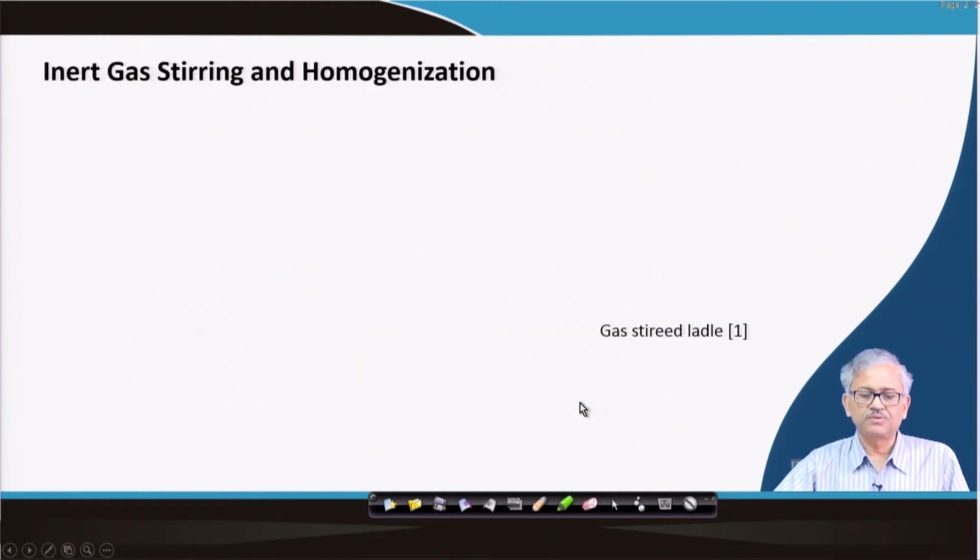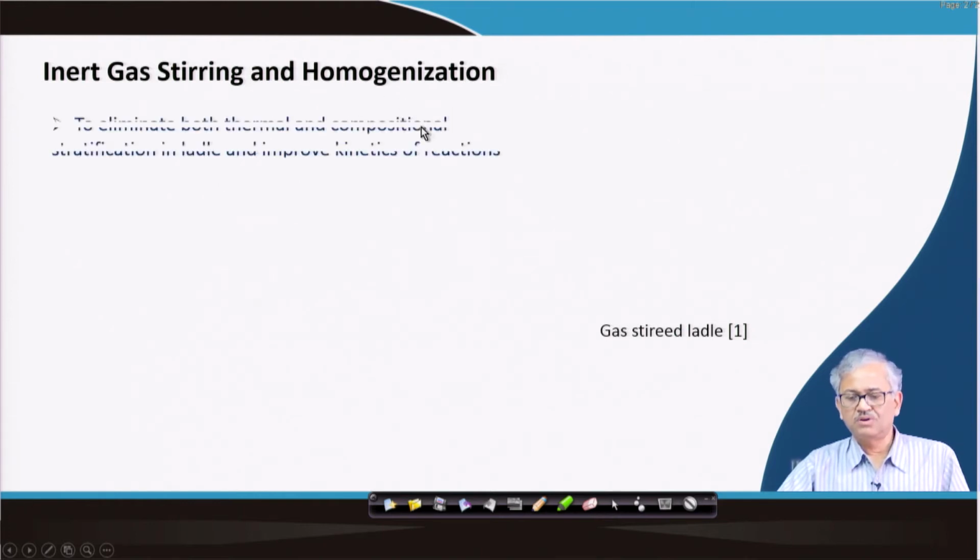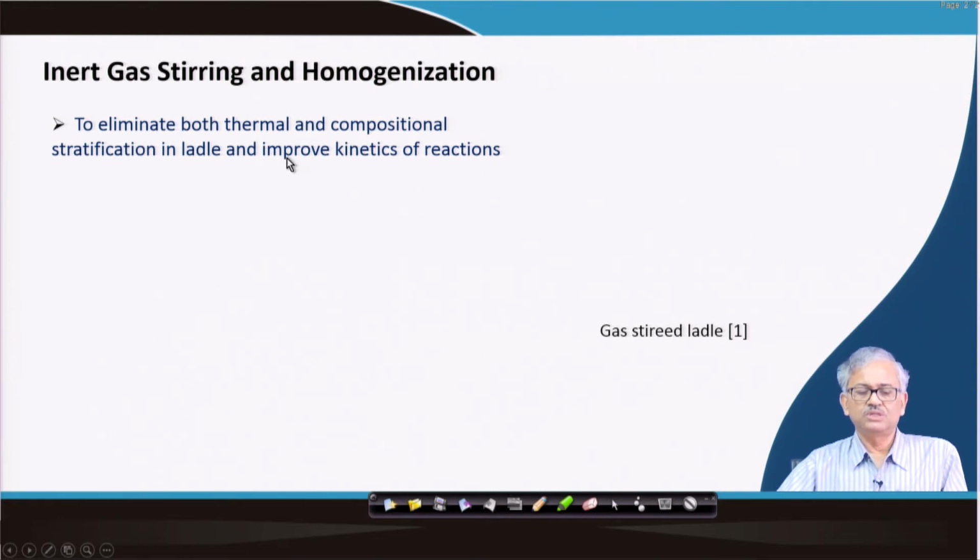Okay, so I will talk about inert gas stirring and homogenization. This gas stirring is used to eliminate both the thermal and compositional stratification in the ladle and improve the kinetics of the reaction.